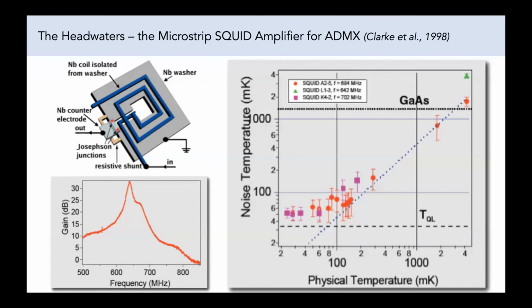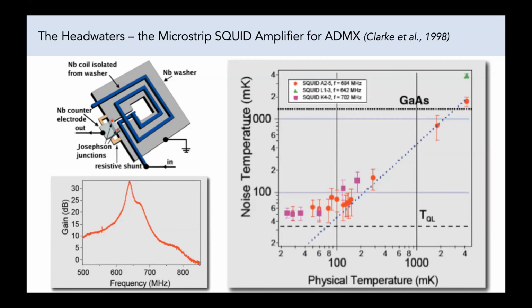Let me just go back and reprise a bit of history. John Clark, a professor here at Berkeley, 25 years ago pioneered a new design of SQUID, which allowed the SQUID not to be used simply as a DC or low frequency device, but to be a tunable gigahertz amplifier with good gain and near quantum-limited performance.